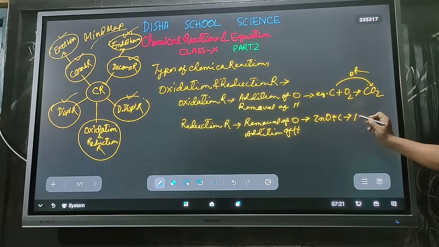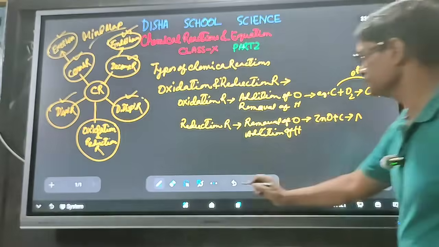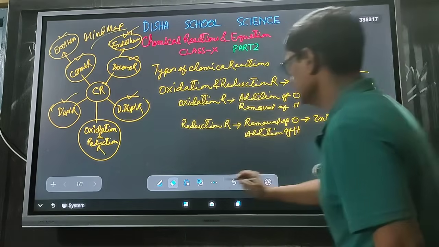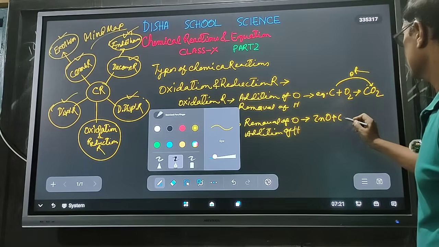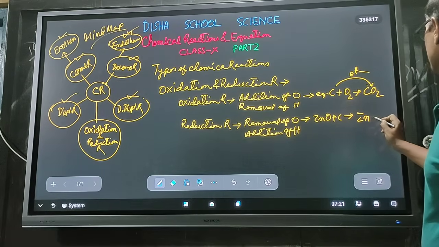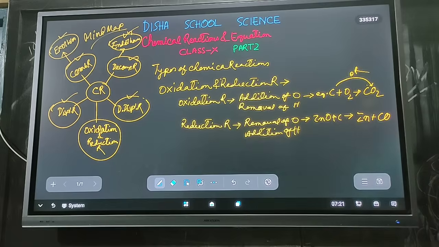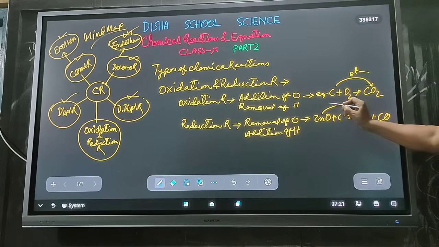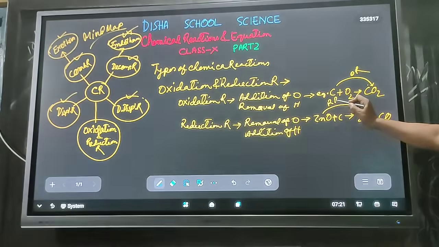It will form zinc plus carbon monoxide. Now you see, this zinc oxide is transformed to zinc, no oxygen, there is removal of oxygen, so that is why it is called reduction reaction.